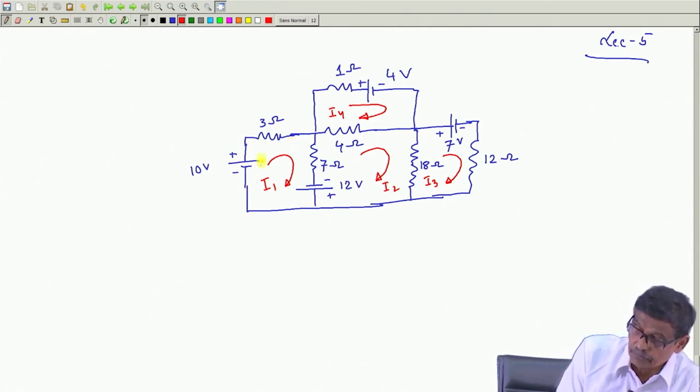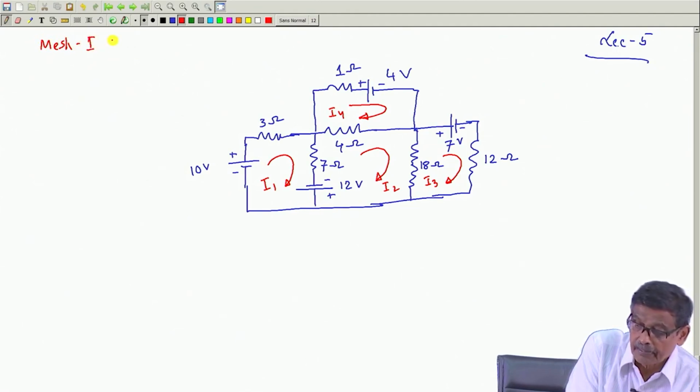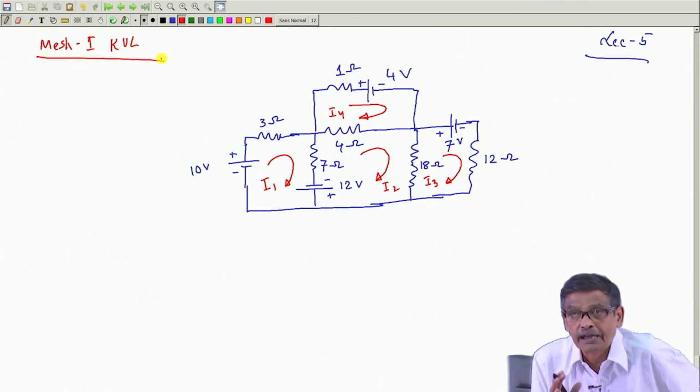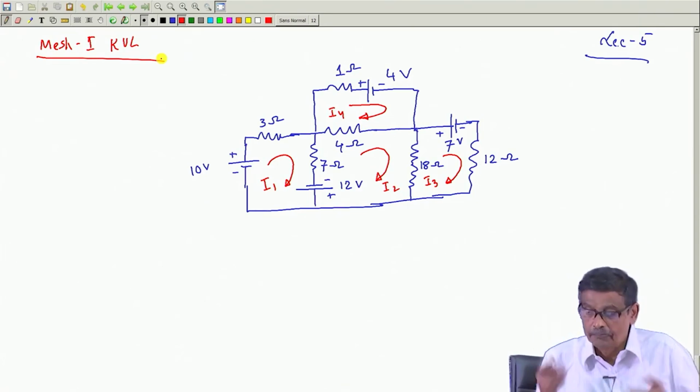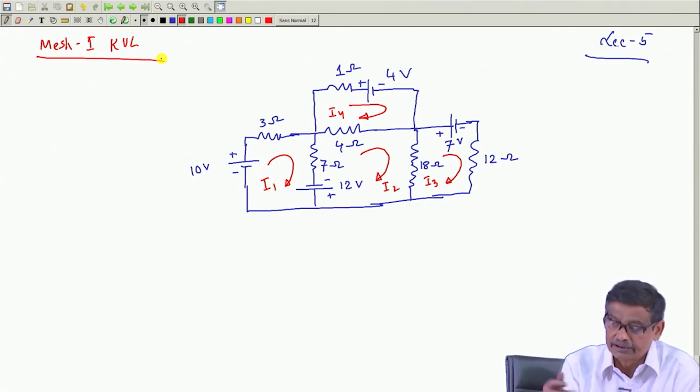First, KVL in mesh 1. Very simple to write. I will not bother too much about plus minus signs, those days are gone now.